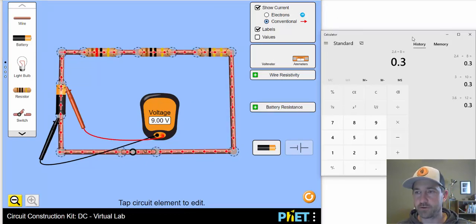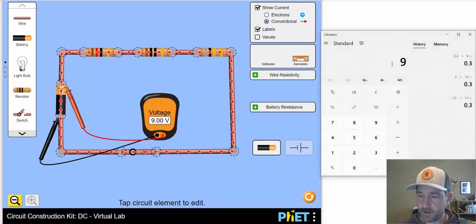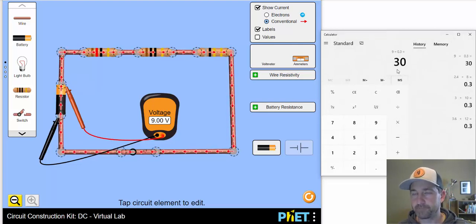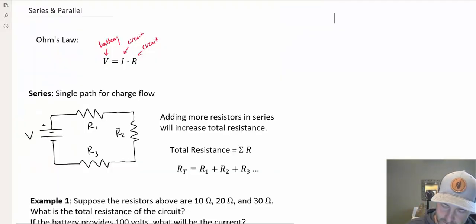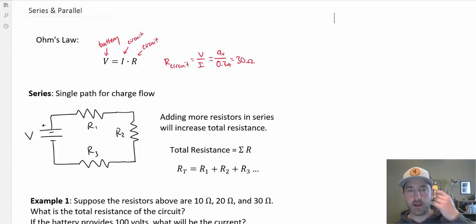If I've got 9 volts and I divide that by the current to get isolated resistance, divide by 0.3, I get 30. So according to this calculation, I should have a resistance for my whole circuit, V over I, which would be 9 volts over 0.3 amps, or 30 ohms of resistance.